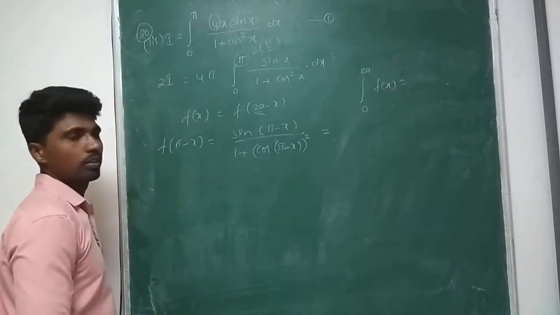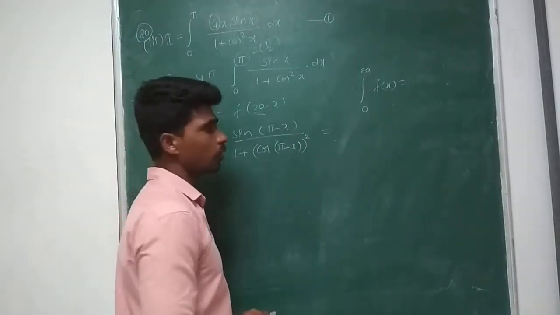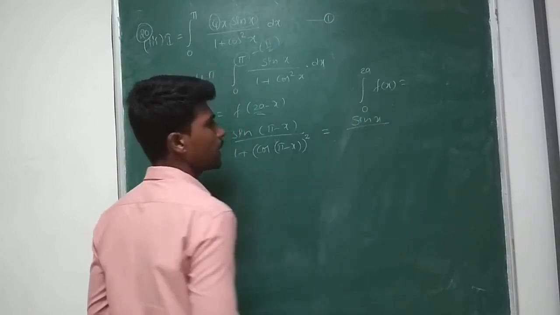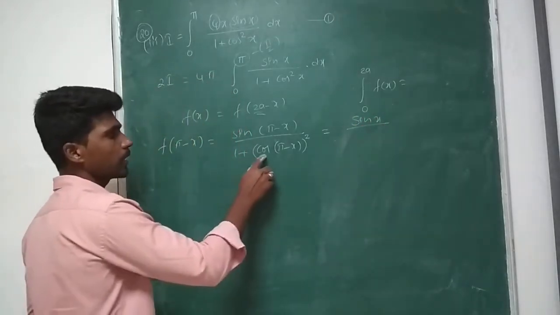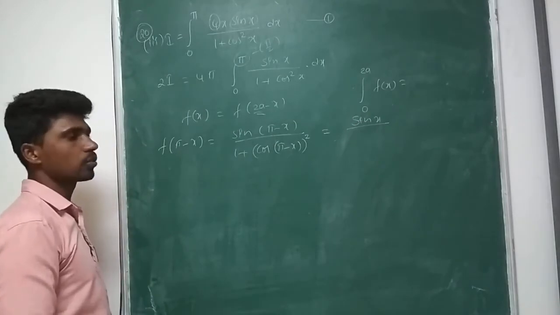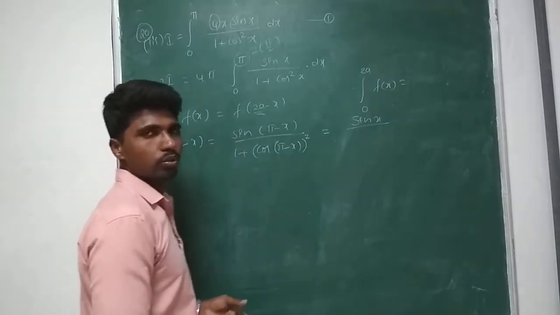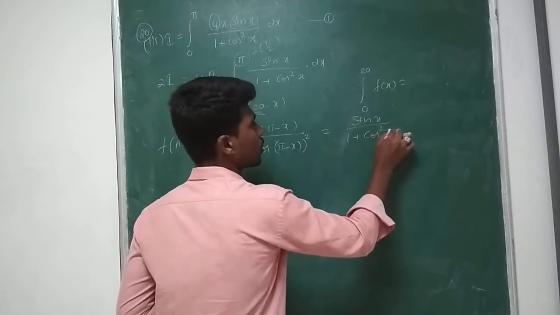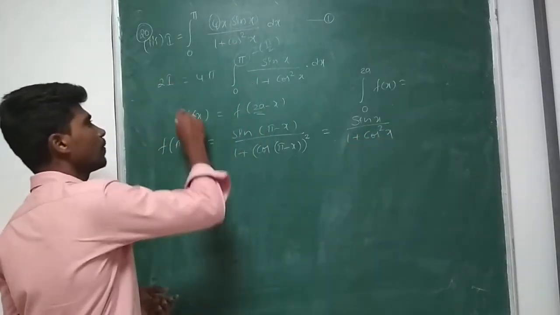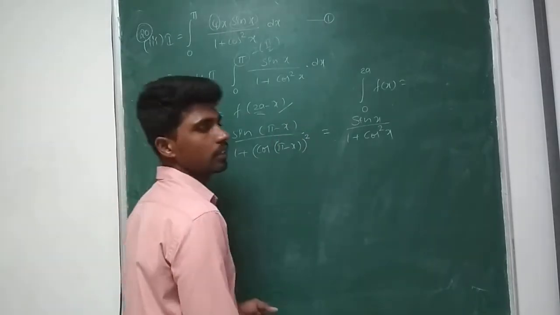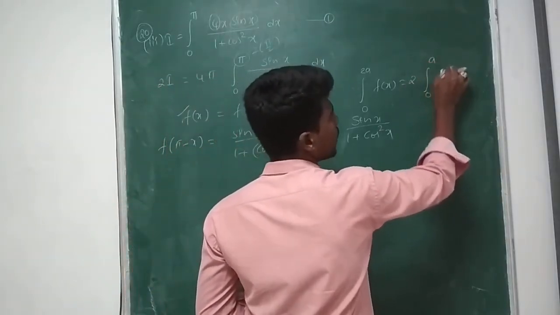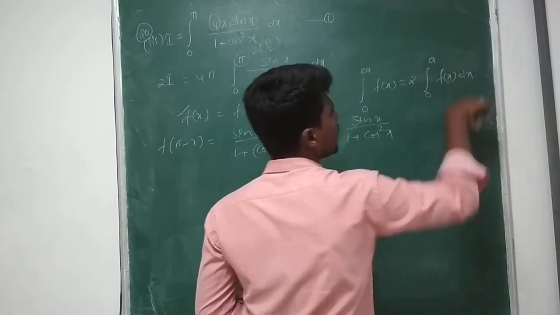Sin of pi minus x is positive, so it equals sin x by 1 plus minus cos x whole square, that is plus cos square x. So I get 1 plus cos square x. So f of x is equal to f of 2a minus x. Therefore we get the answer as 2 into integral 0 to a f of x dx.